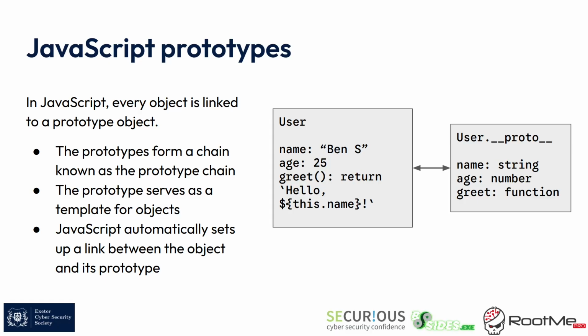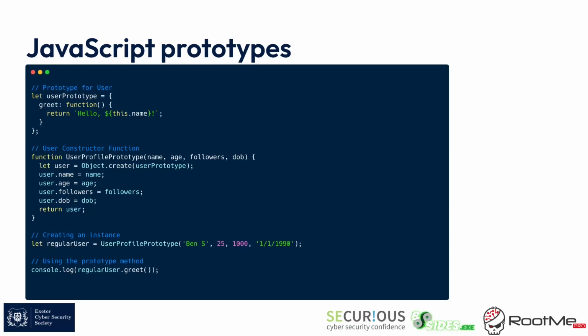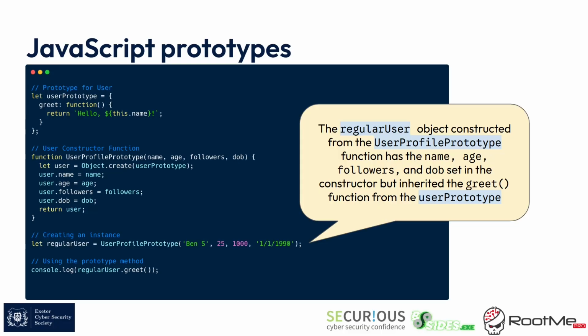But you might be asking, well, we have classes and we have prototypes, and they are targeting the same functionality in JavaScript, so what's the main difference? Oh yeah, before I get onto that, I have expanded the example here, and you can see that I've created a regular user at the bottom.